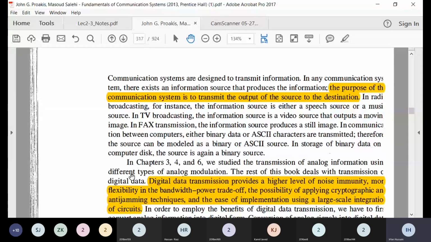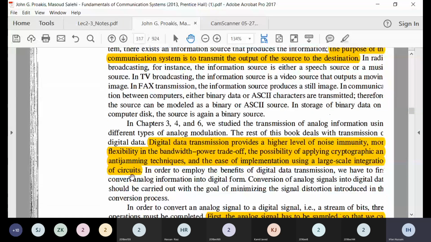All right, so we have studied communication, and then we have seen analog communication. So why do we want to go to digital? There are many advantages, and some of them are given here. They have large noise immunity, they have bandwidth power trade-off that was not possible for all the analog modulation systems. You have anti-jamming techniques, cryptographic possibility.